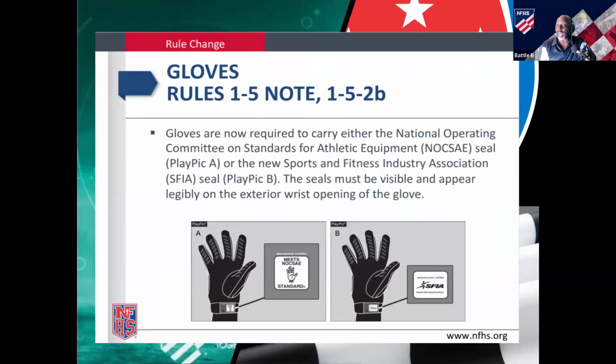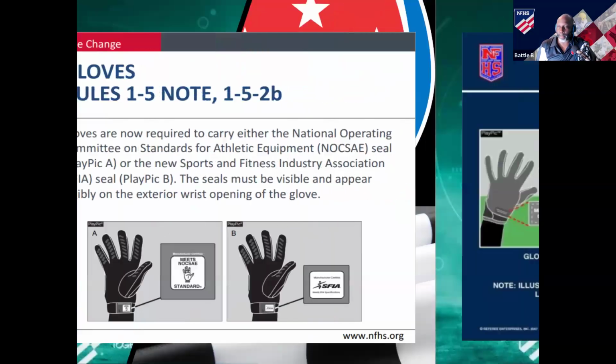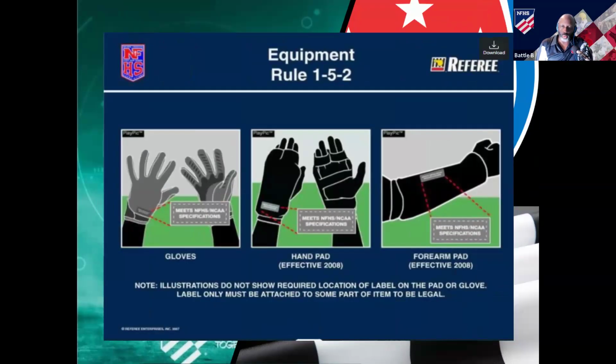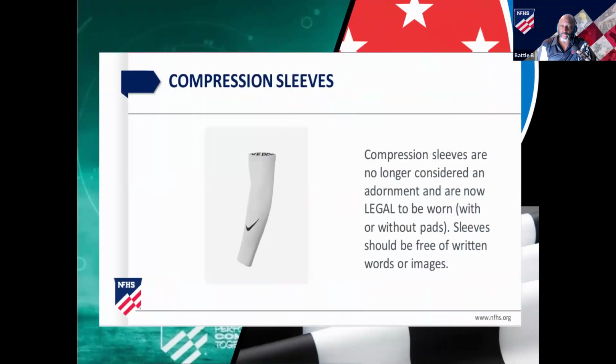It's a rule that we must know, but I don't ever remember asking a player in high school, let me see the certification on the gloves. All right, here go another one. Gloves, hand pads, forearm pads, all must have that brand to be legal. NFHS must get a kickback from them.